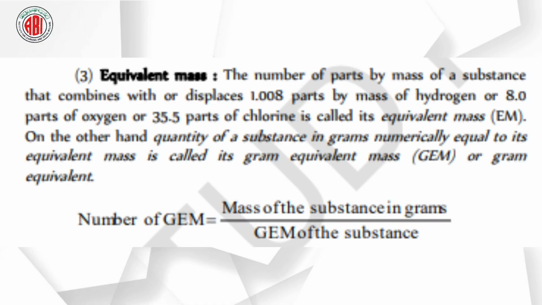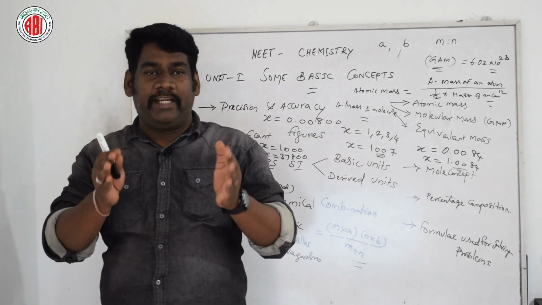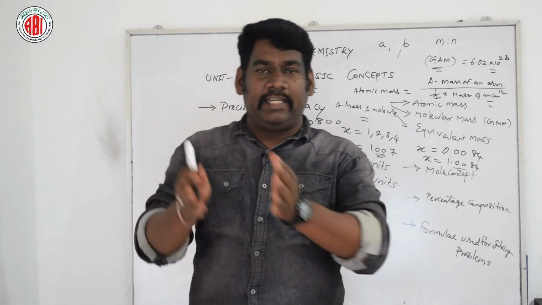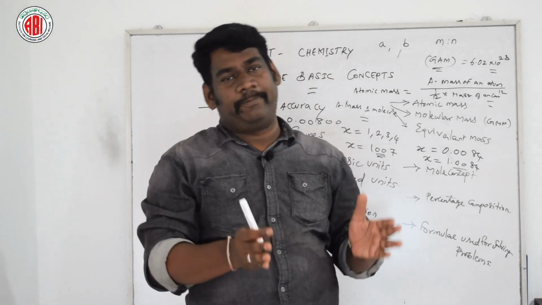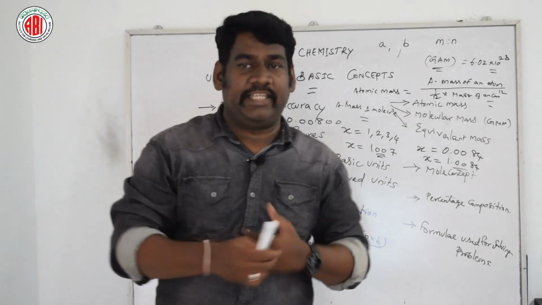Equivalent mass is the number of parts by mass of a substance that combines with or displaces, for example, 1.008 parts by mass of hydrogen, 8.0 parts of oxygen, or 35.5 parts of chlorine. This should be considered for the equivalent mass.